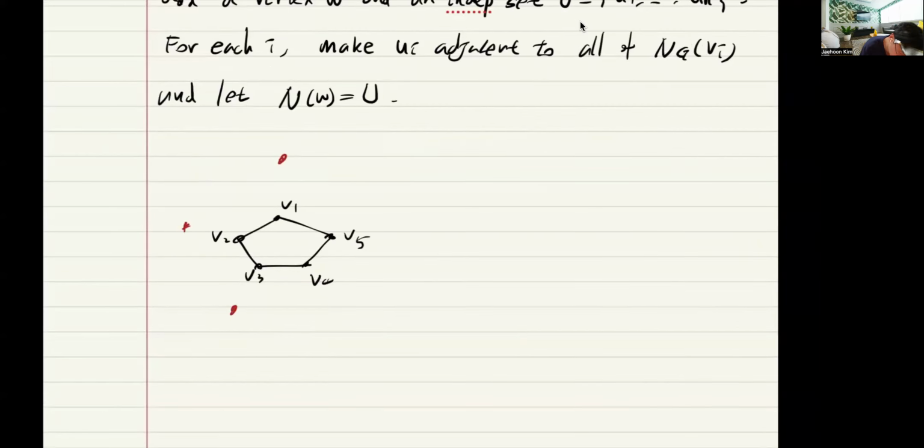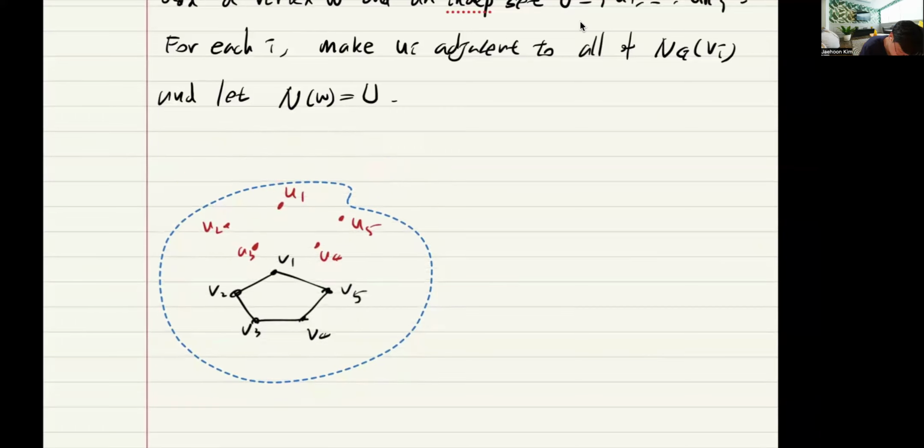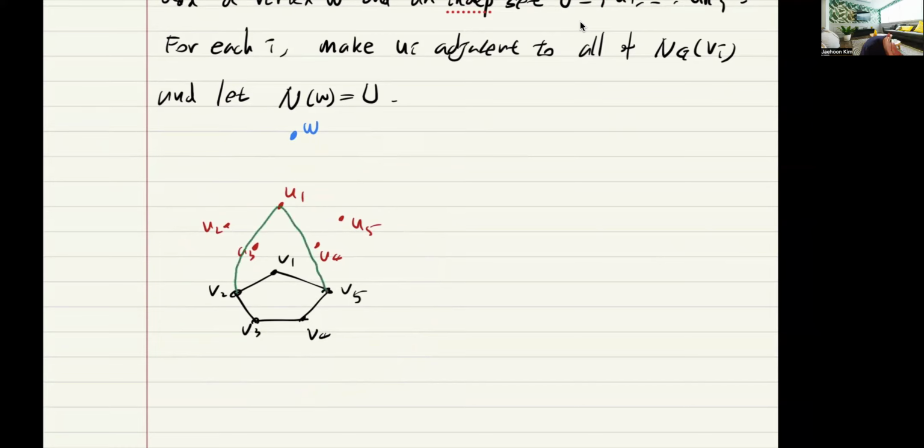Then you put U1, U2, U3, U4, U5, and W. Then you add an edge between these two, because V1 has neighbors V2 and V5.